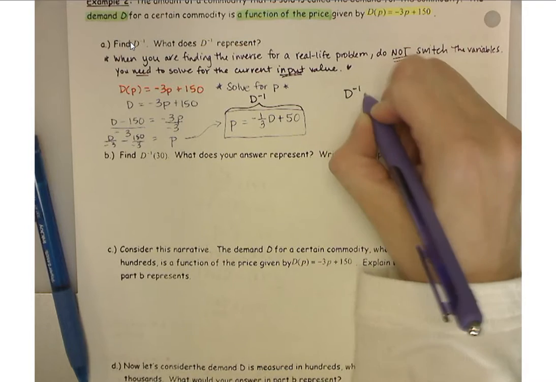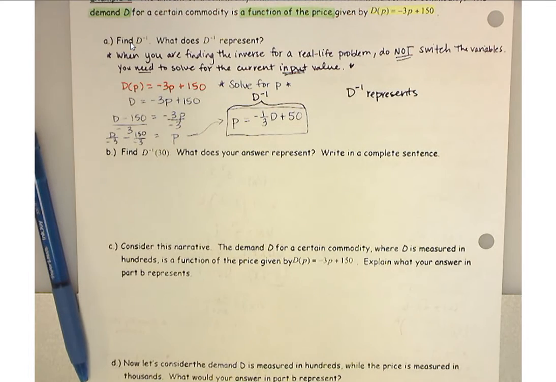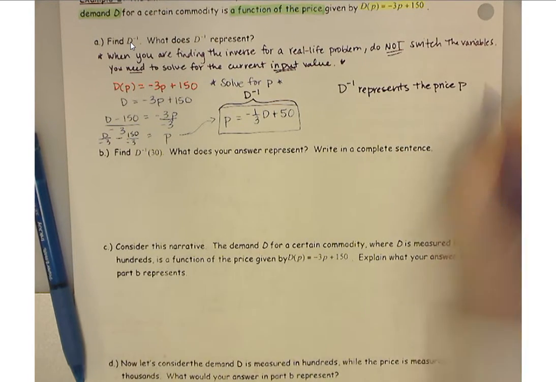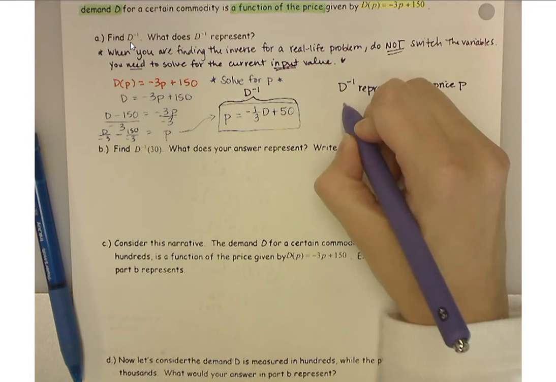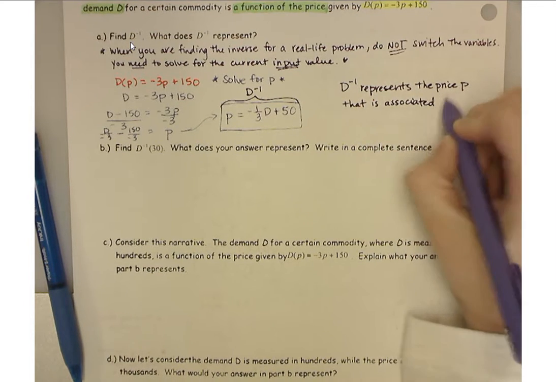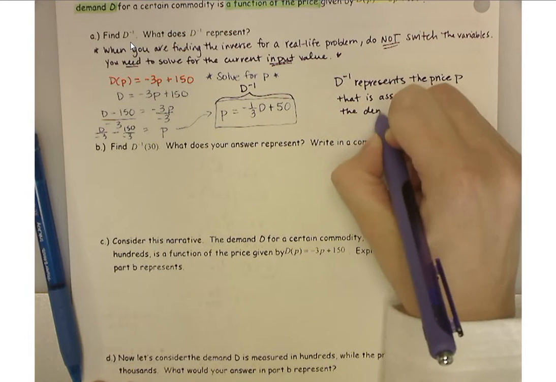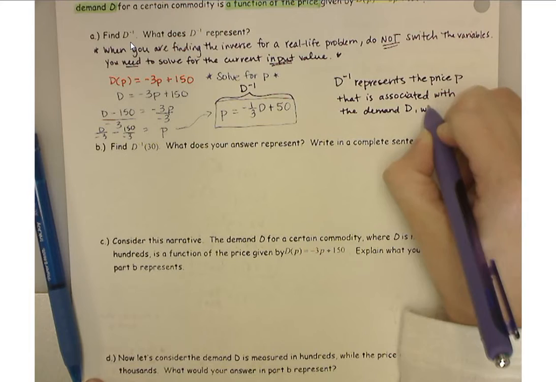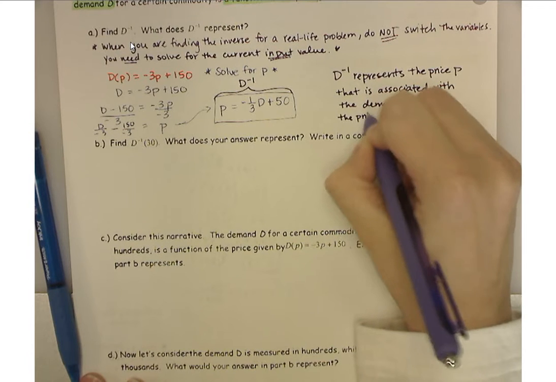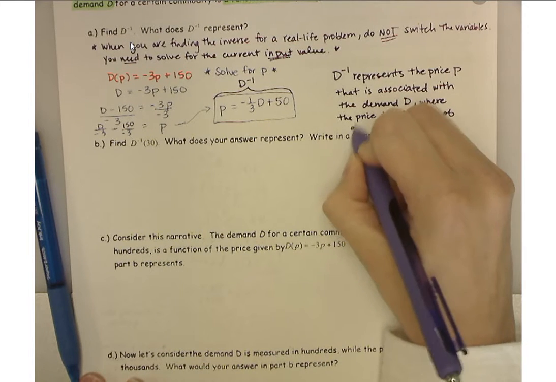Your D inverse represents, and it's important that you explain both the input and the output, the price P that is associated with, or is a function of, the demand D, where the price is a function of demand.